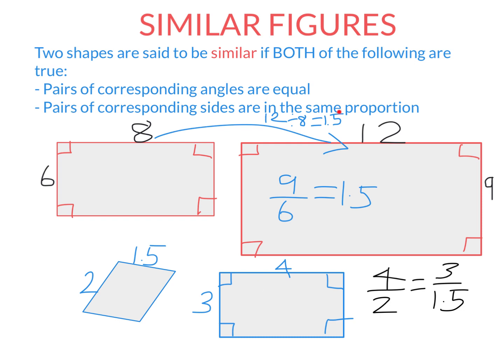Even though sides are in the same proportion, they are not similar because corresponding angles are not equal. These two angles are not equal, these two angles are not equal, and so on. They don't have the same set of angles. So it's important to note, for two shapes to be similar, both of these need to be true, not just one of them.